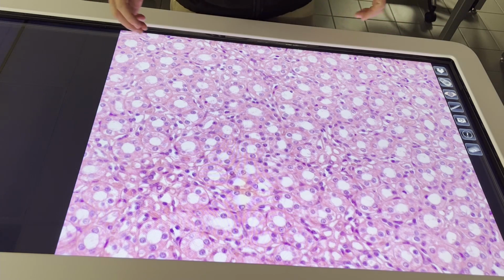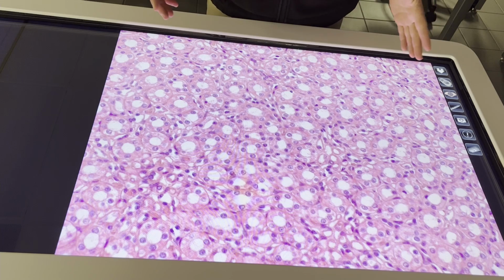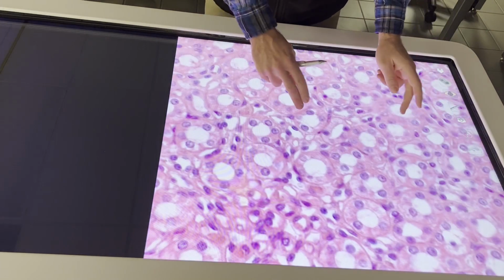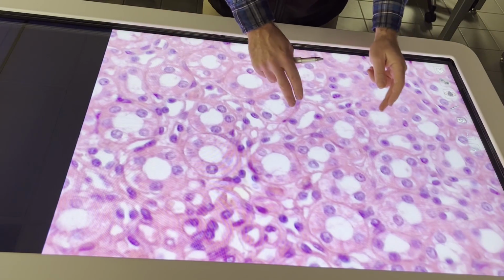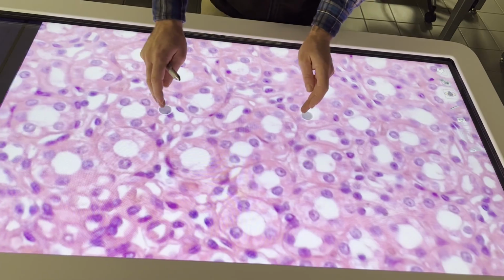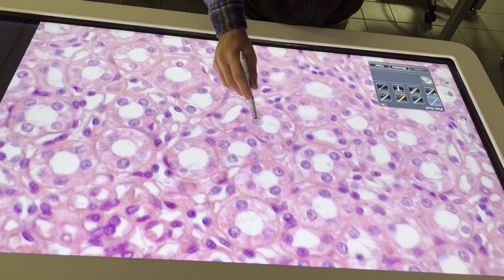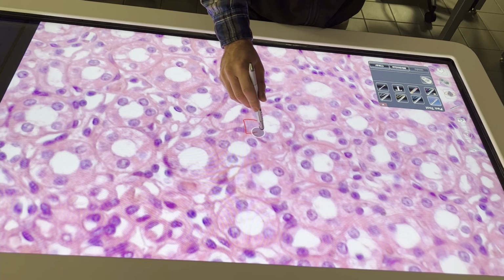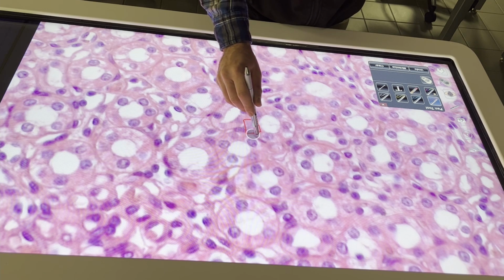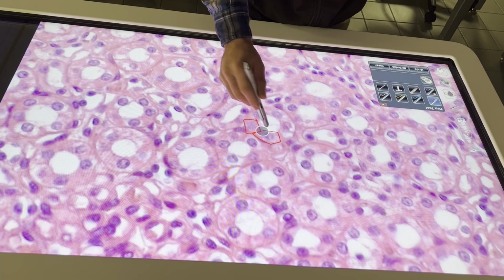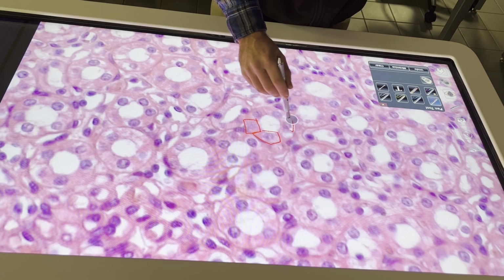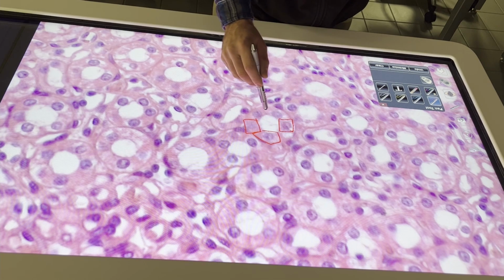And the final tissue that we have on this table is going to be simple cuboidal. So simple cuboidal, this is a slide of the renal tubules, or the kidney tubules. And if you look, I'm going to zoom in here as much as I can. Each one of these is the renal tubules. So if I highlight, right there I can see a cell, and see a cell there, there.